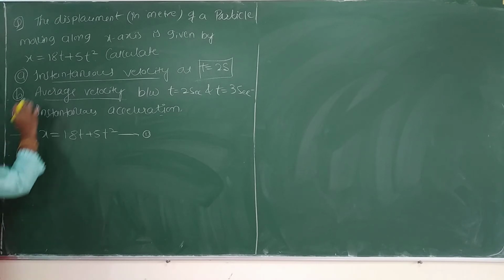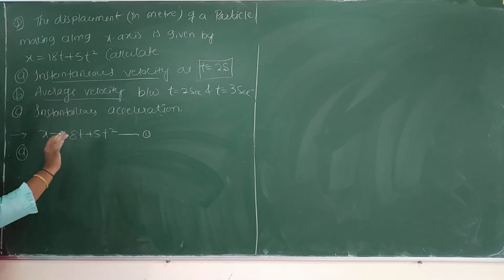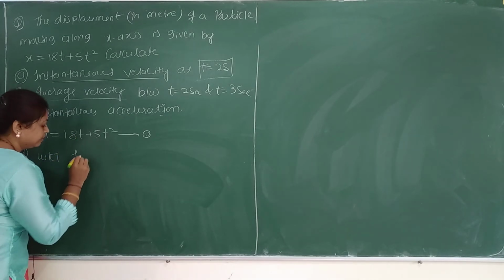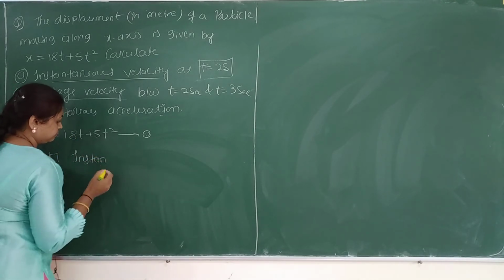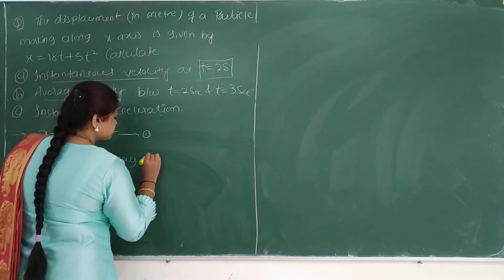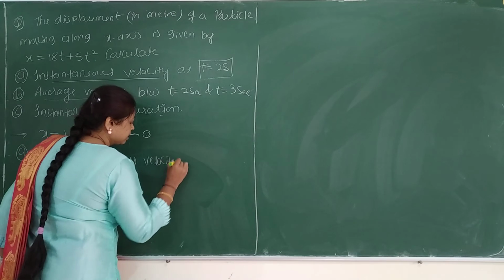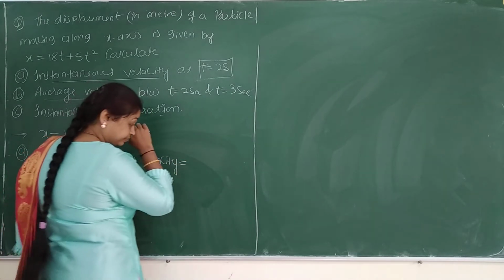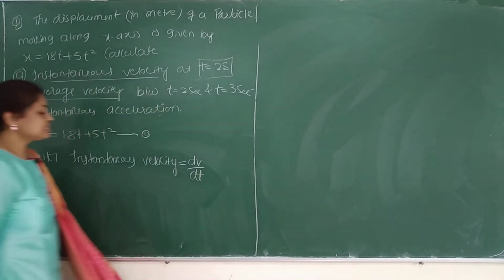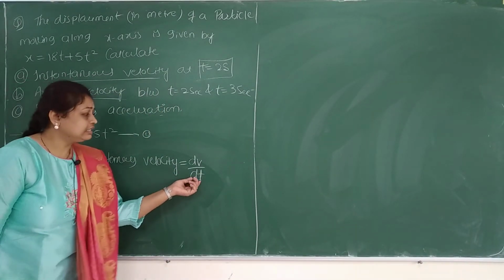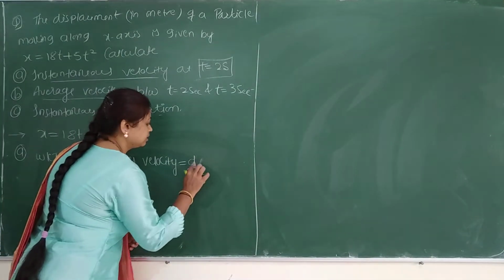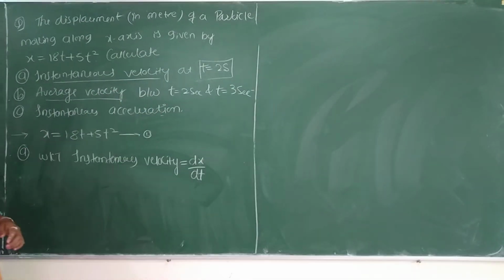First one, what is that? Instantaneous velocity. We know the instantaneous velocity formula. Note down. Instantaneous velocity is equal to dx by dt. Instantaneous means velocity at an instant, where displacement is changing, that is dx upon dt.